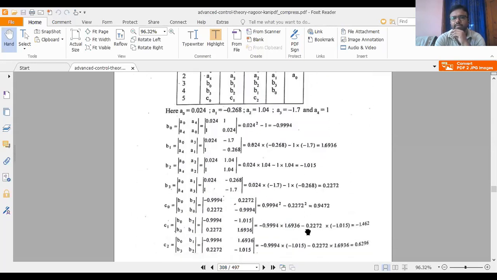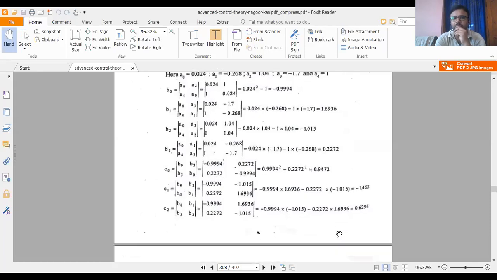After that, we determine the values of b0, b1, b2, b3, c0, c1 and c2 with the elementary matrices. Okay, so we have obtained all the values of b0, b1, b2, b3 and c0, c1, c2.